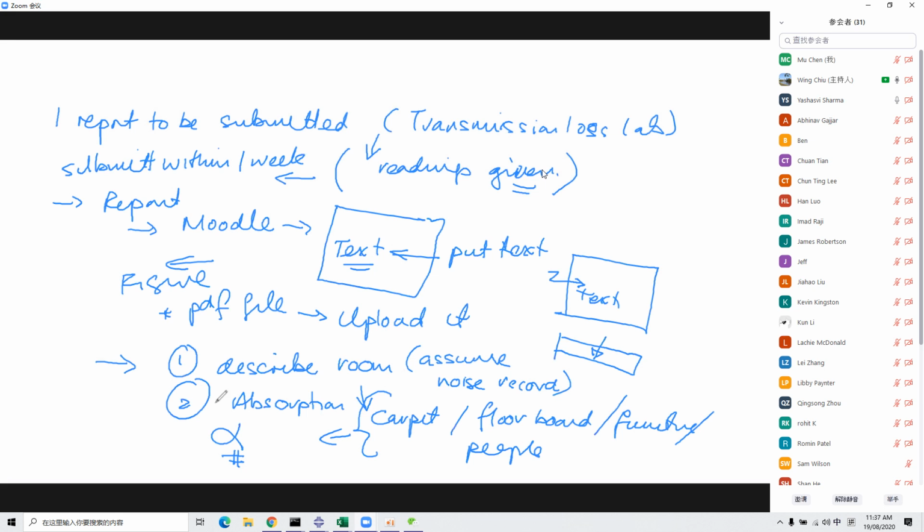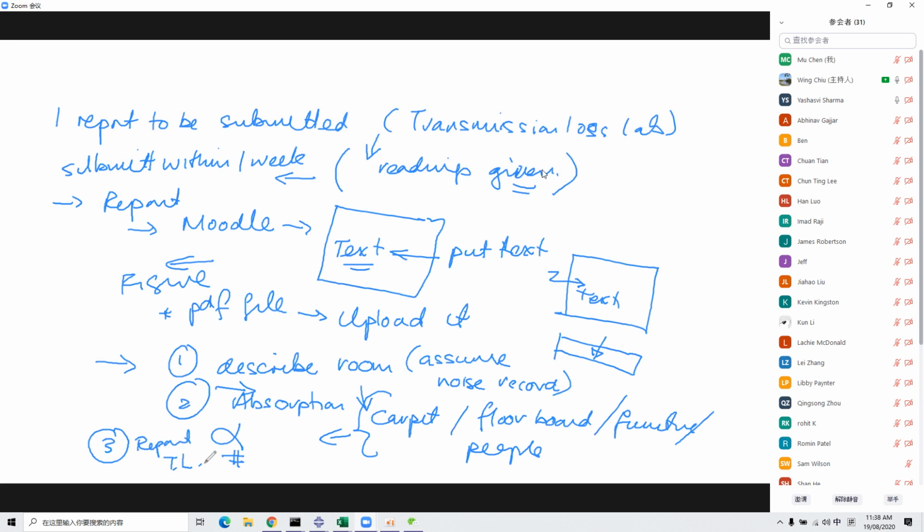So in your report, it'll be good to highlight some of this and then report on the transmission loss.